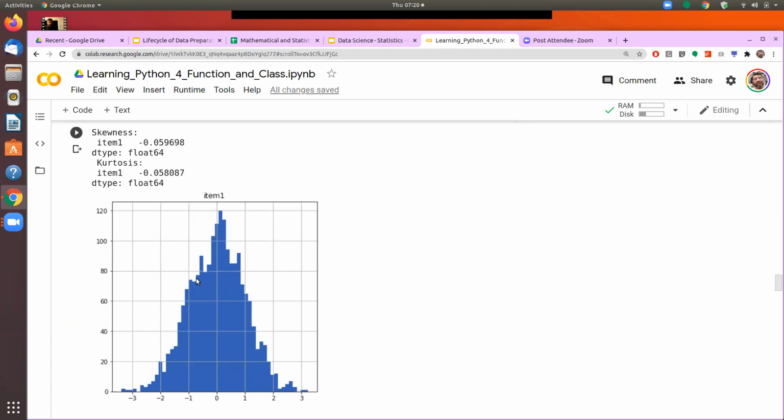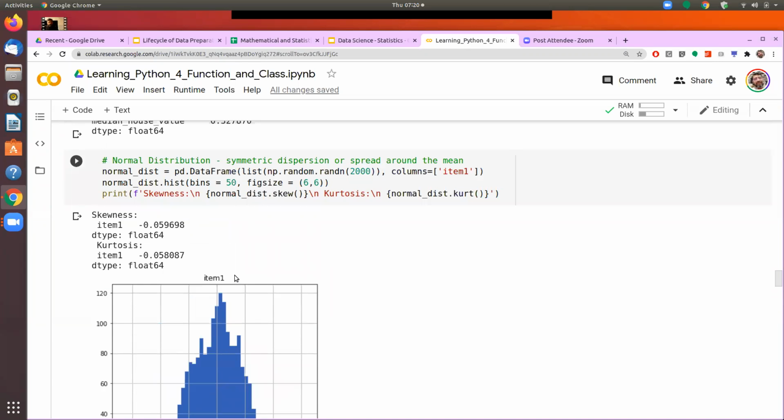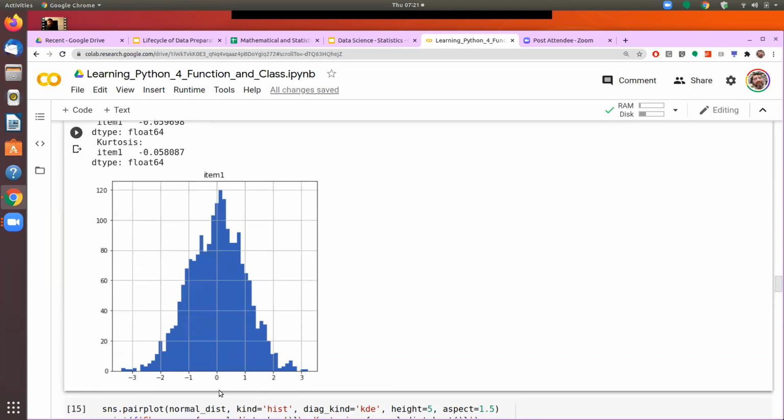Now while drawing this, we had seen this concept of the bins. It means that whatever is the data, it will divide that into 50 bins. So my data may be from say 0 to 1000. It will divide that into 50 bins. It means that 0 to 20, 21 to 40 and so on. And then it will take account of the data elements which are there in each bin. And on the x-axis, one bin is one vertical bar here, as you can see.